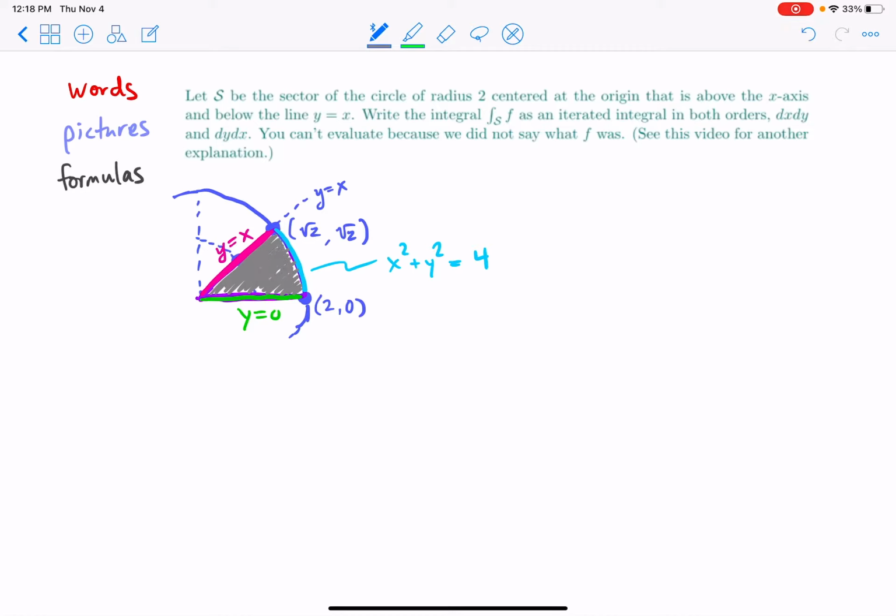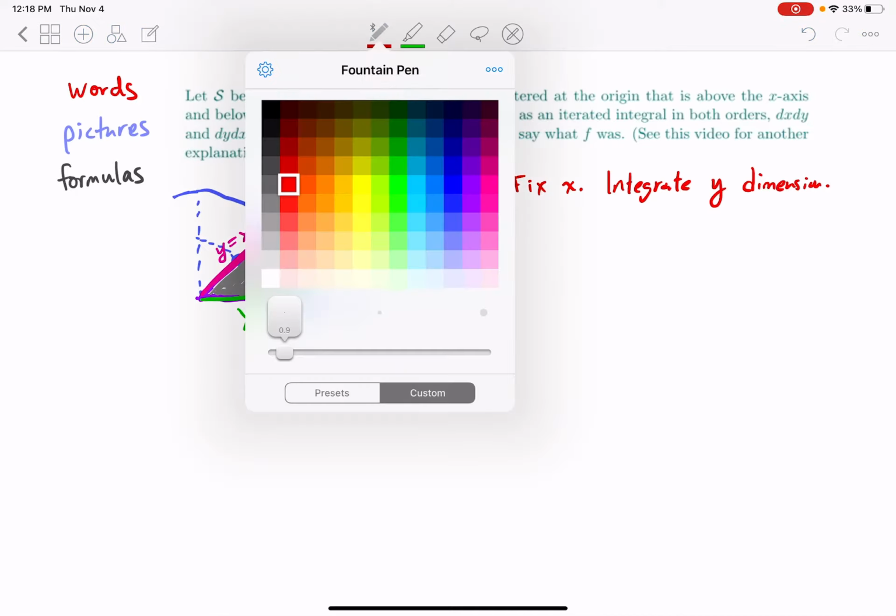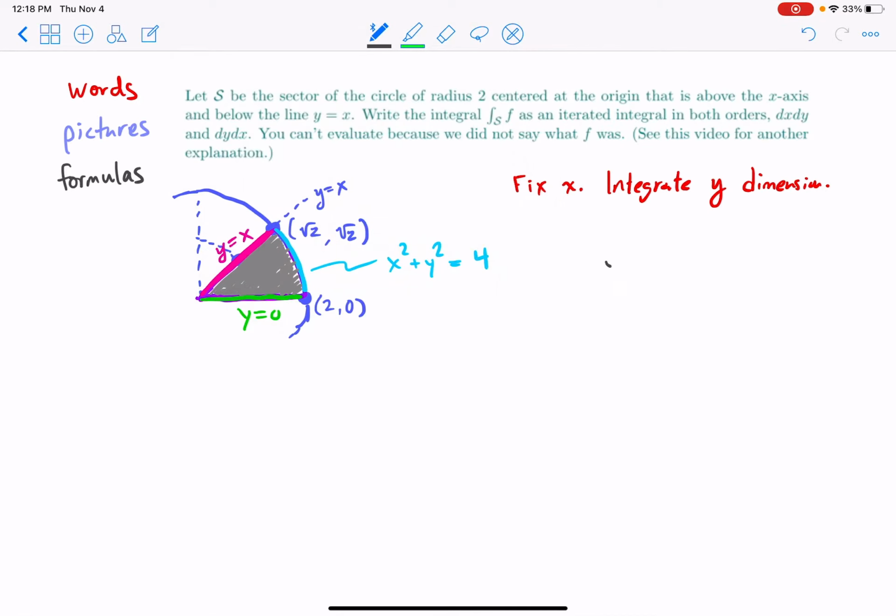In order to do that, we're going to encounter some difficulties. But first, let's just begin as usual. If I fix x and integrate the y dimension, I can integrate in one dimension. Then my formula is going to start with y equals something to y equals something.